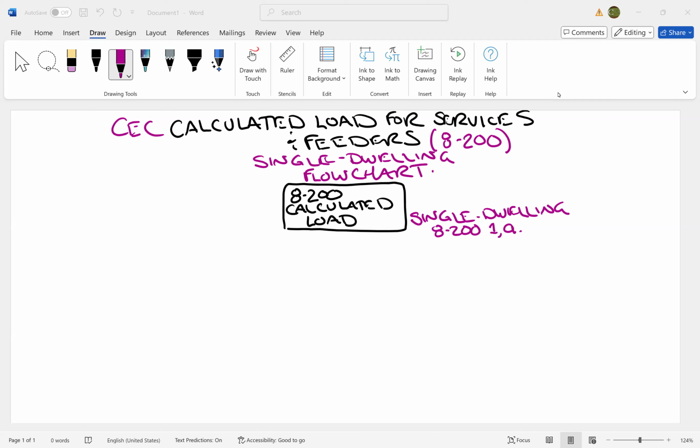No, and then we have yes. And this is a small electric range, and this is a large electric range. Small, large.